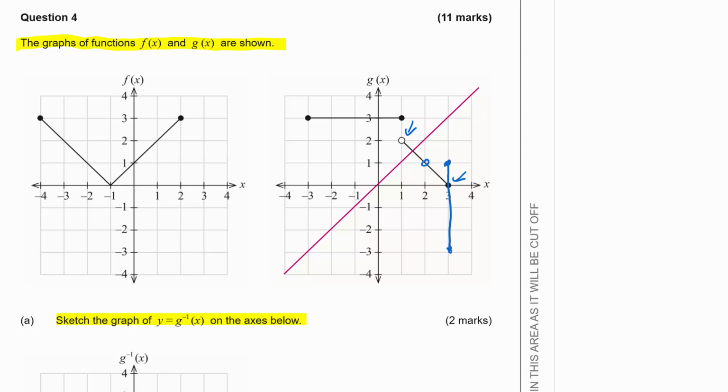This point down here would reflect to here, and so that reflection is going to be a straight line section like so. Okay, I'm just going to clear this because I'm going to need this graph again, I think.